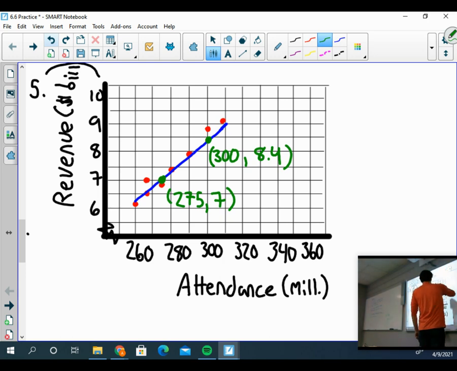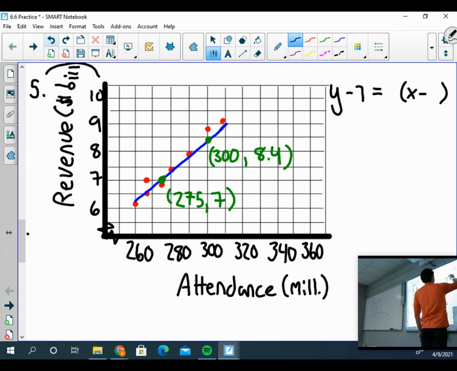And so now I'm going to write the equation of my line. Whenever I want to write the equation of a line with 2 points, I'm going to use point slope. So maybe I use 7 and 275. And then I need to find the slope.